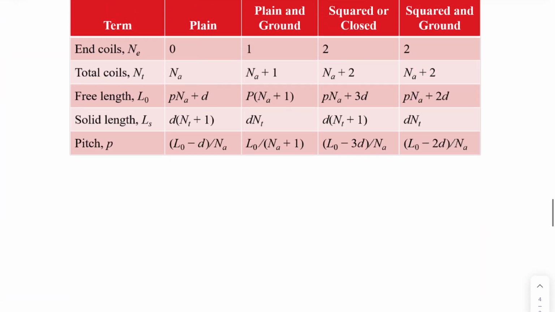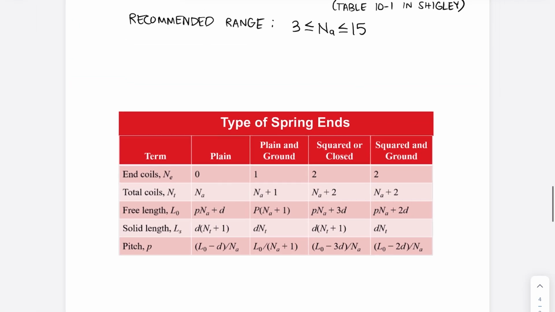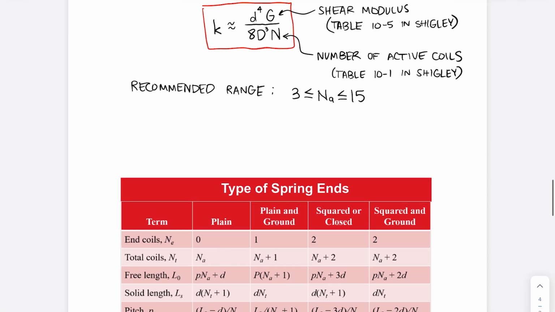I wanted to start today by revisiting where we left off. We were talking about the number of active coils, and I mentioned that you can find equations for these in table 10-1 in Shigley. I thought it might be useful to put one version of that table in this video so you can see what that looks like.